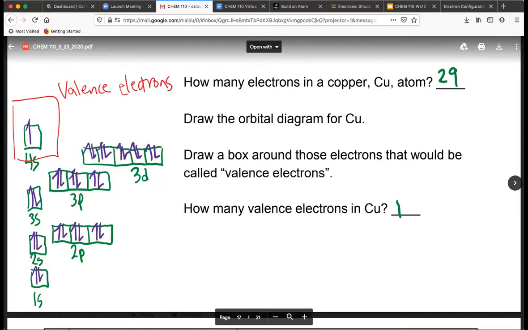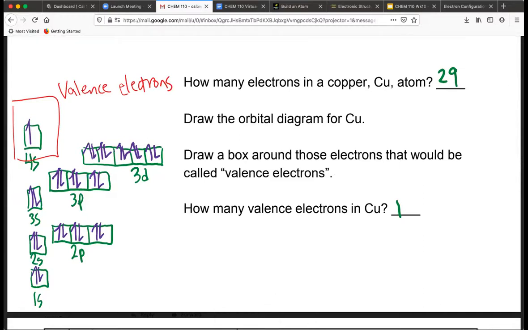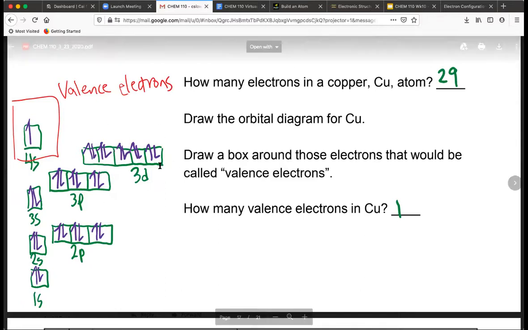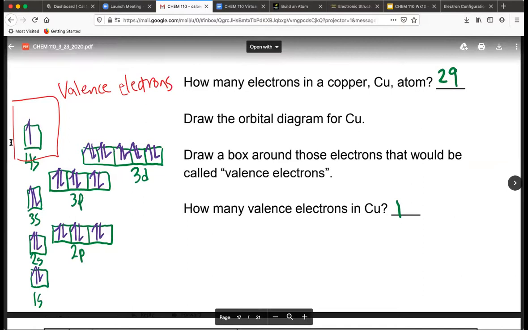So if I'm looking at my number of valence electrons, copper has 29 electrons. This is my orbital diagram, and I completely fill my 3d orbital, so everything is paired together. The only one I have left is my 4s, and that's a single electron.